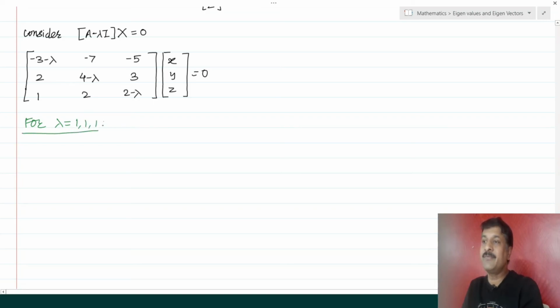So here, for the eigenvalue which is repeated, 1, 1, 1, what is the method? First find the rank of the matrix A minus lambda I when lambda equal to 1. So I am getting A minus lambda I, this matrix when lambda equal to 1: -3 minus 1 is -4, -7, -5; 2, 4 minus 1 is 3, 3; 1, 2, 2 minus 1 is 1.